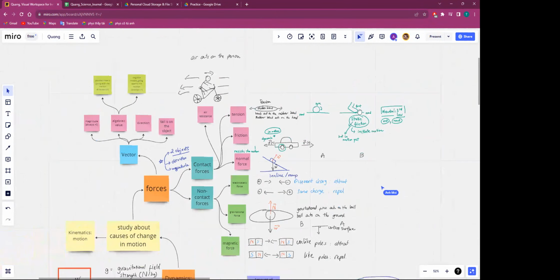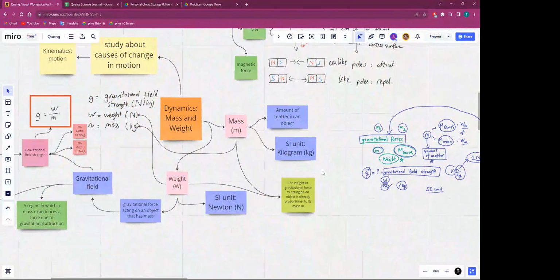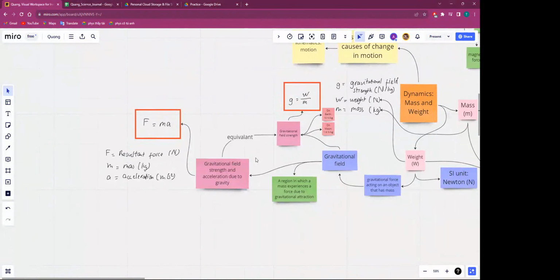Coming back to the mass and the weight, I just have a little bit to add here, to the equation F equals ma. How can you relate this equation F equals ma to g equals W over m?